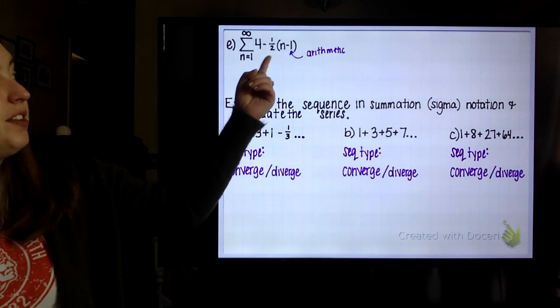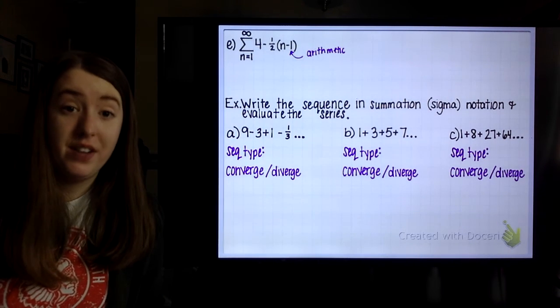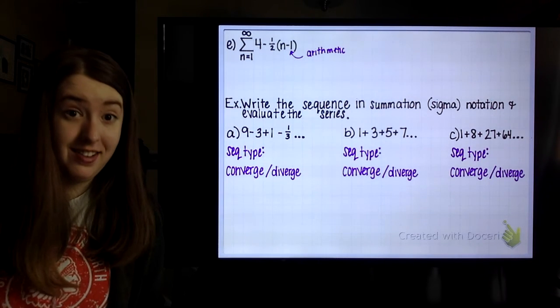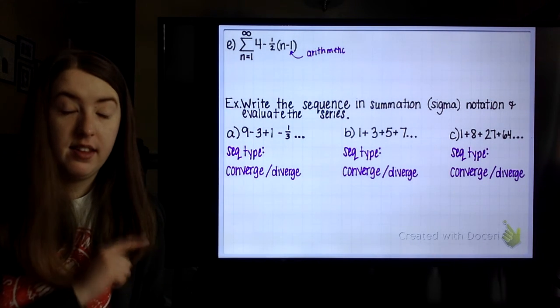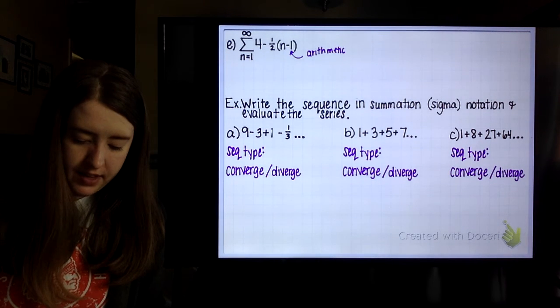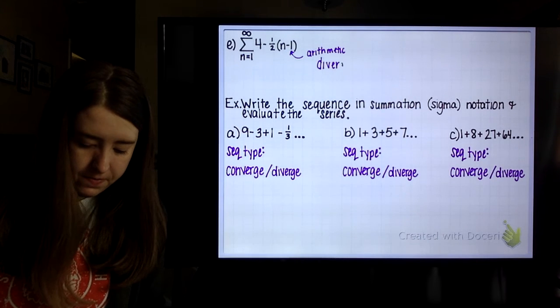Even though the common difference is a half, that doesn't mean that it's now going to converge. It's arithmetic. Remember, only geometric series converge. So since it's arithmetic, that means it's going to diverge.